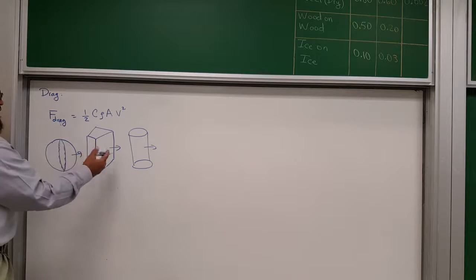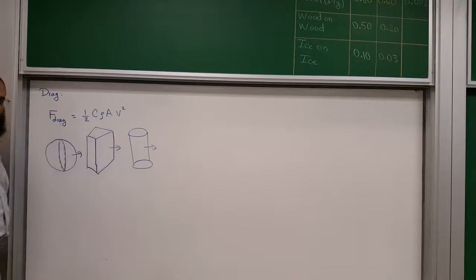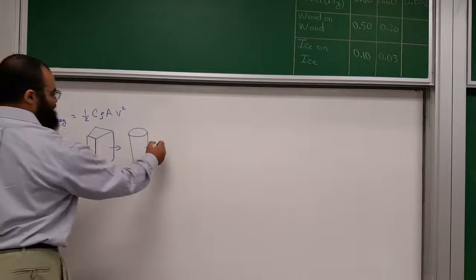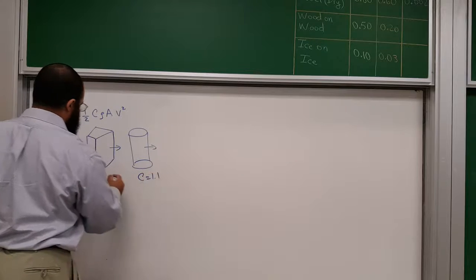The area is just how much area is facing the flow, and then this coefficient C will depend on the shape itself, on the aerodynamics of the thing. If it is a cylinder moving horizontally like this, the drag coefficient is about 1.1.